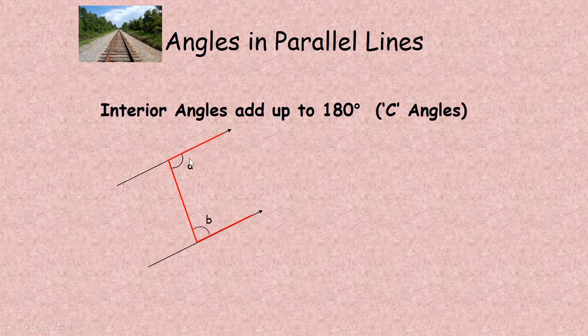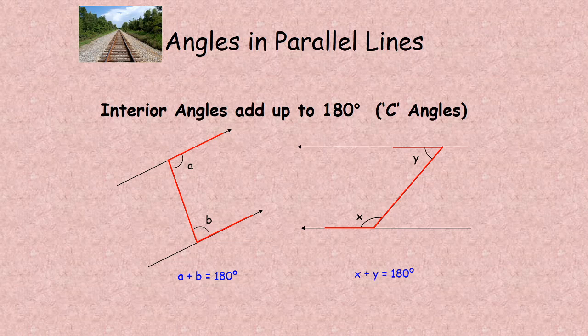So where A and B are there, you can see we make a C shape. A add B would have to add up to 180. They can also be backwards, so they don't have to look exactly like C's, but they're on the inside of those parallel lines, so they are interior angles, and they add up to 180. They can sometimes be called co-interior angles. Please copy that down, and then press play when you're ready to look at an example.